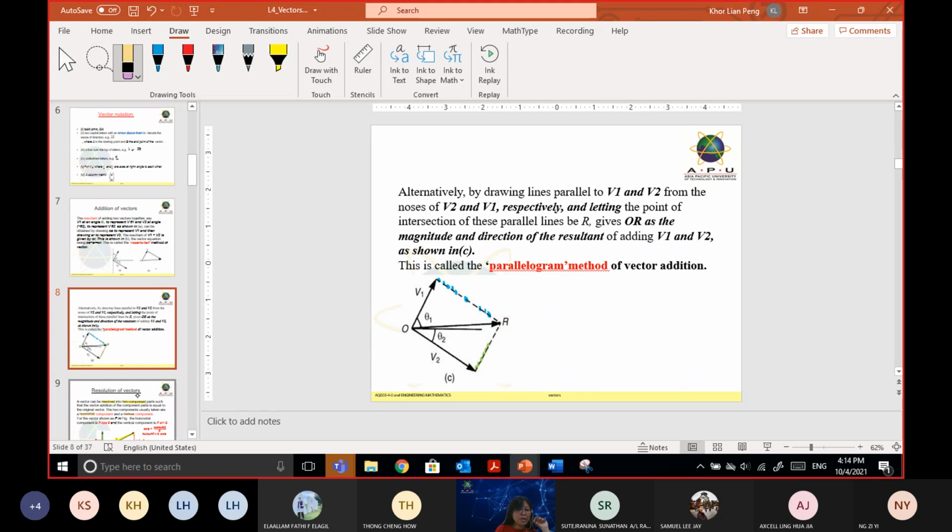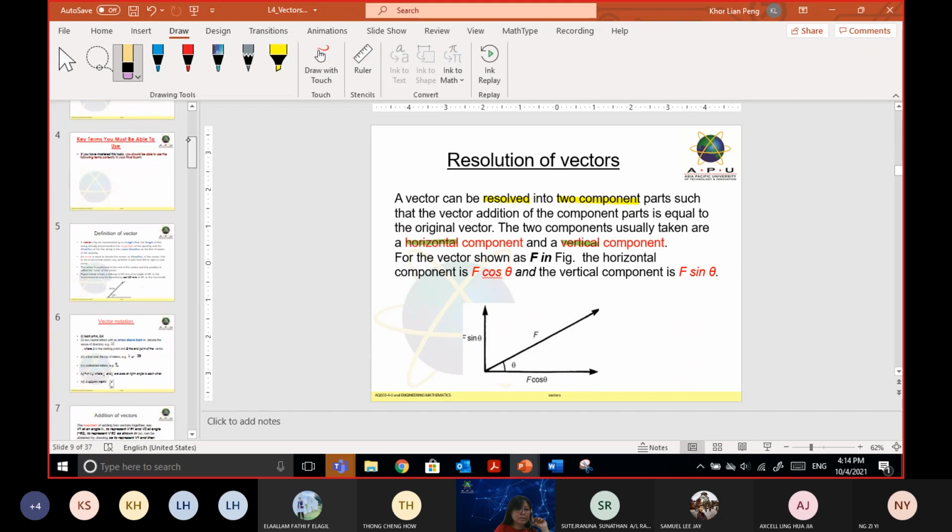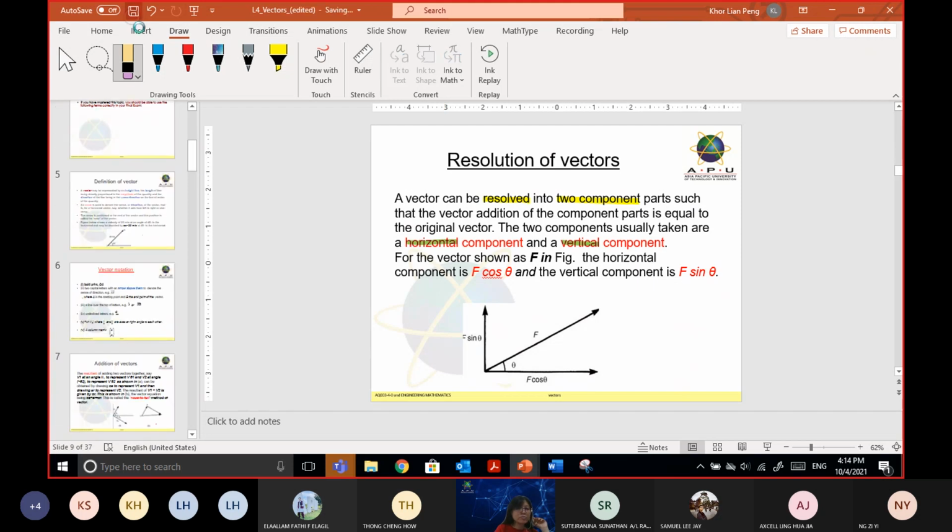Let us have some introduction about vectors. I try to clean the slide, previously I wrote a lot.